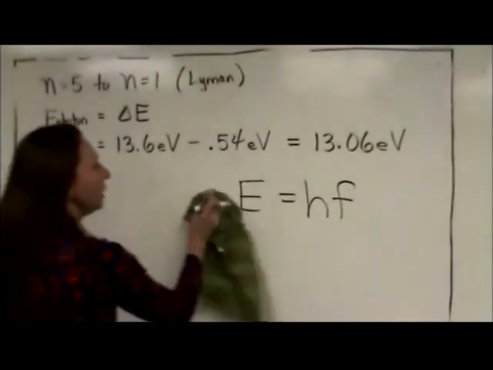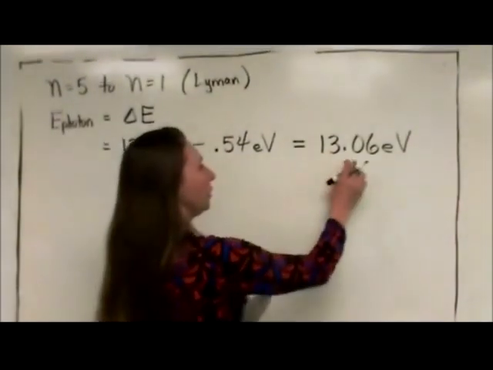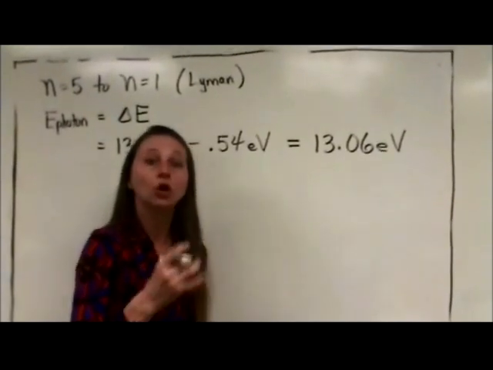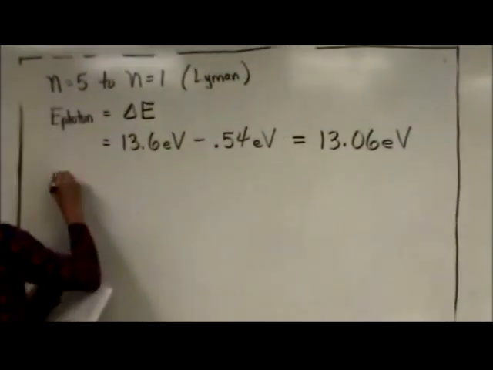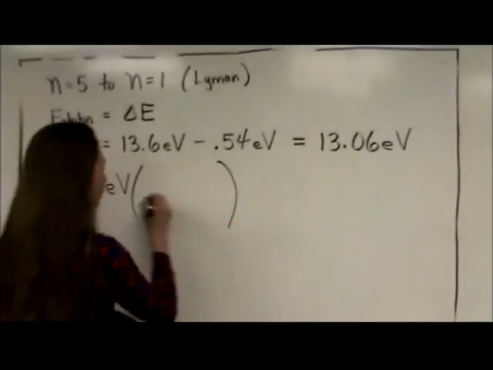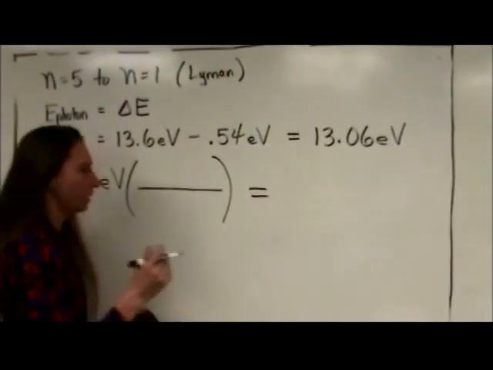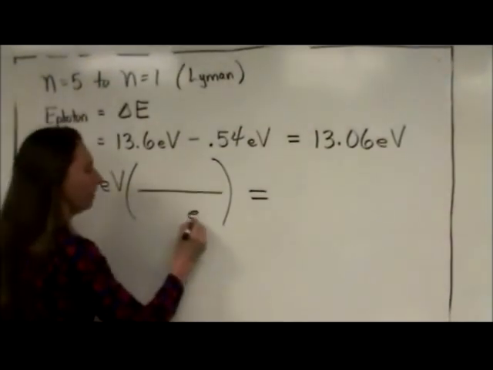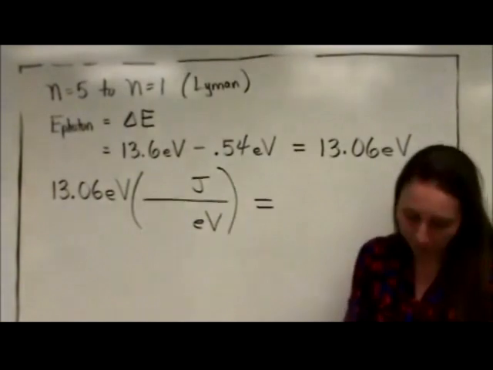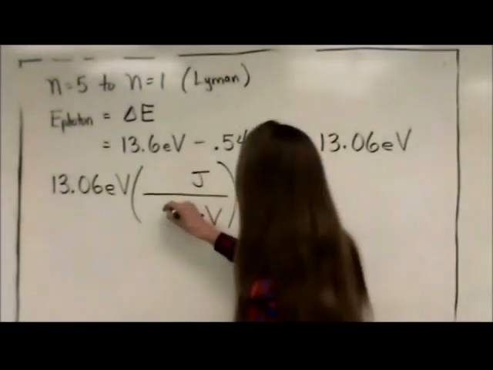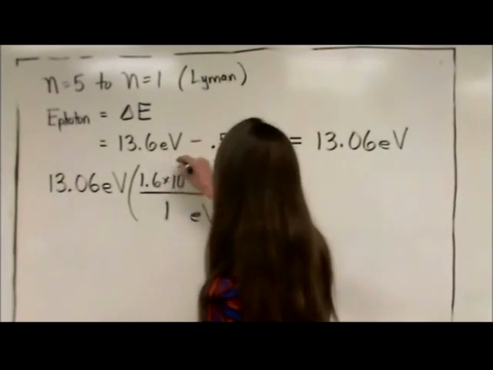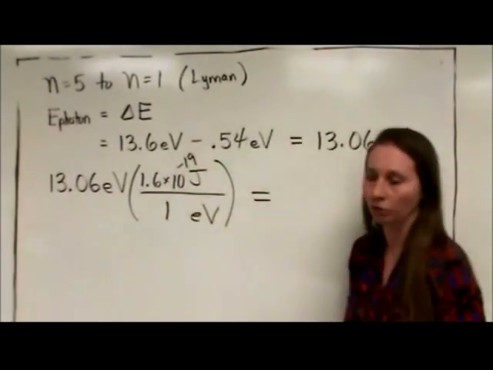So what I'm going to do here first is convert the 13.06 electron volts to joules. I'm going to use the factor label method to convert that to joules. I want to get rid of electron volts, I want joules. I look on the front of the reference tables: 1 electron volt is 1.6 times 10 to the negative 19 joules.